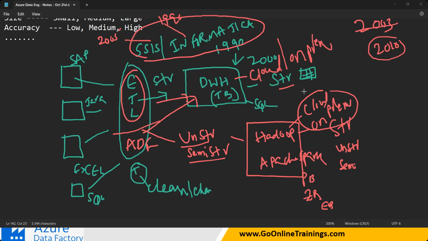ADF is a new technology released in year 2015. Azure started in 2010, and ADF started from 2015. And SSIS is an ETL tool from Microsoft, which started in year 2005.